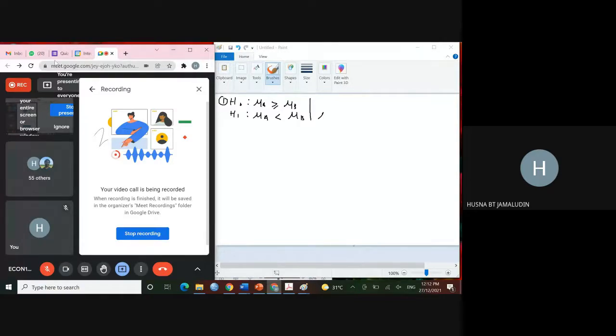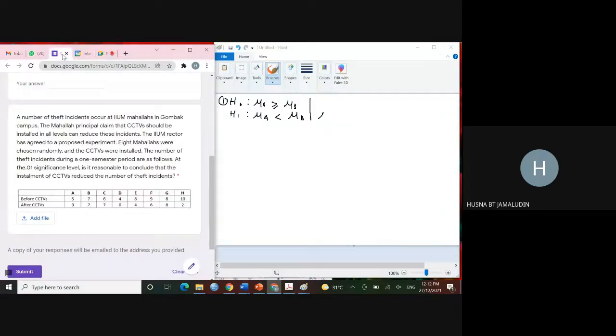So, where's the question? It's here. Okay, this is the second example. So you can write mu after minus before. You can write it this way. You should assume that after the installment of the CCTV, definitely the mean will be smaller.